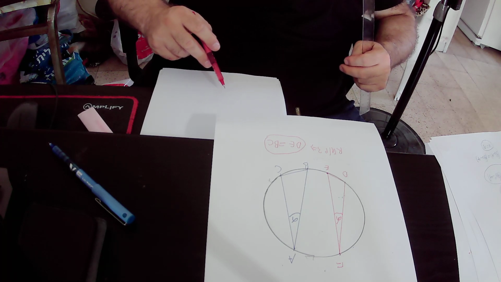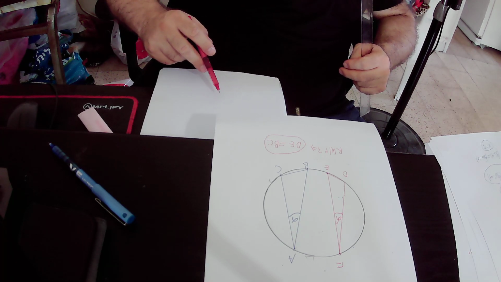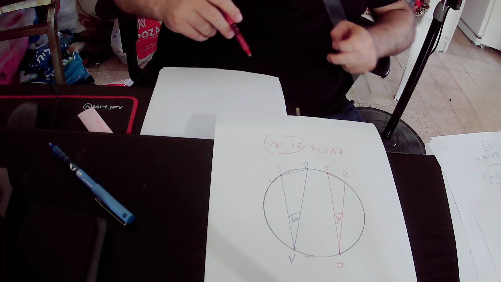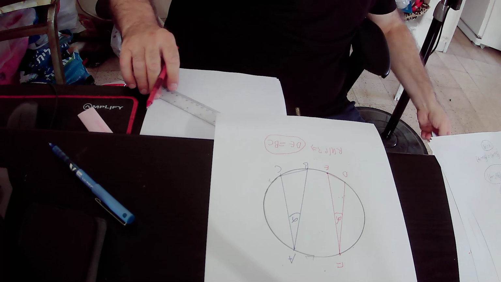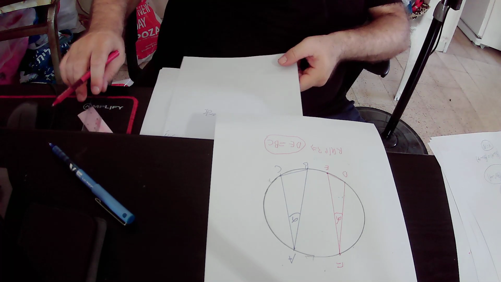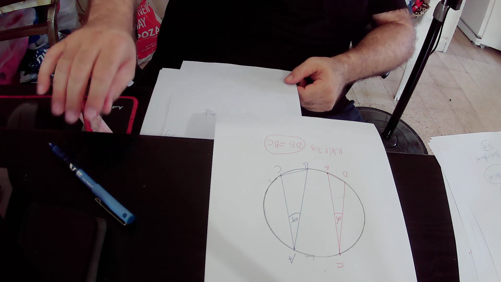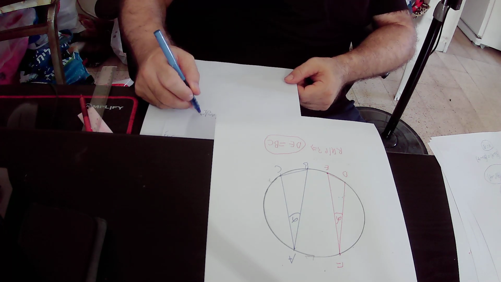Okay, they rest on equal chords and also on equal arcs. Okay, and add to rule number 3, equal peripheral angles rest on equal chords and also on equal arcs.